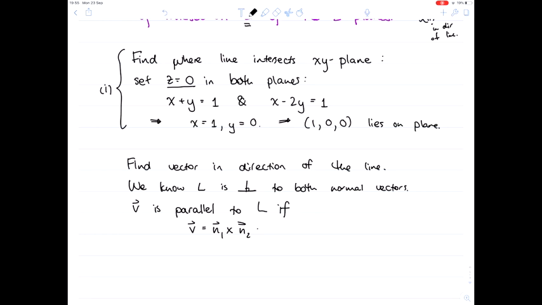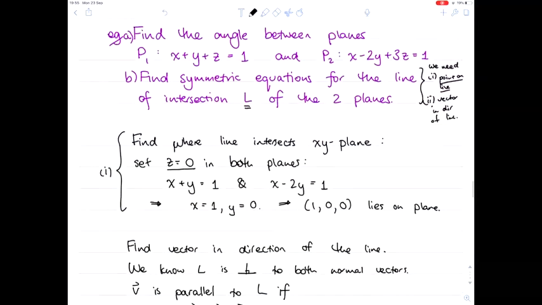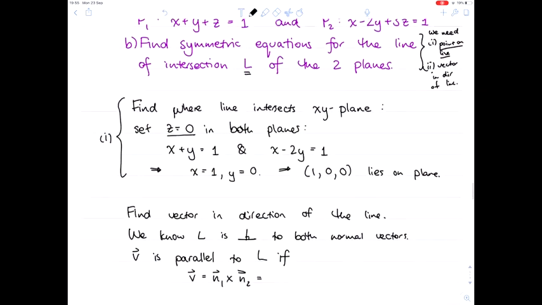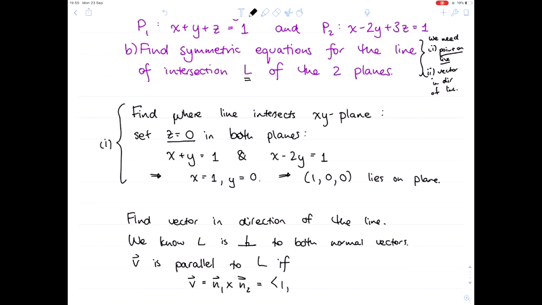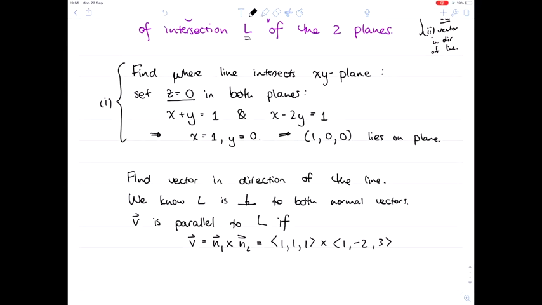We know that our normal vectors are (1, 1, 1), which we cross with (1, -2, 3). If you work that out, you'll find that it gives you the vector (5, -2, -3).